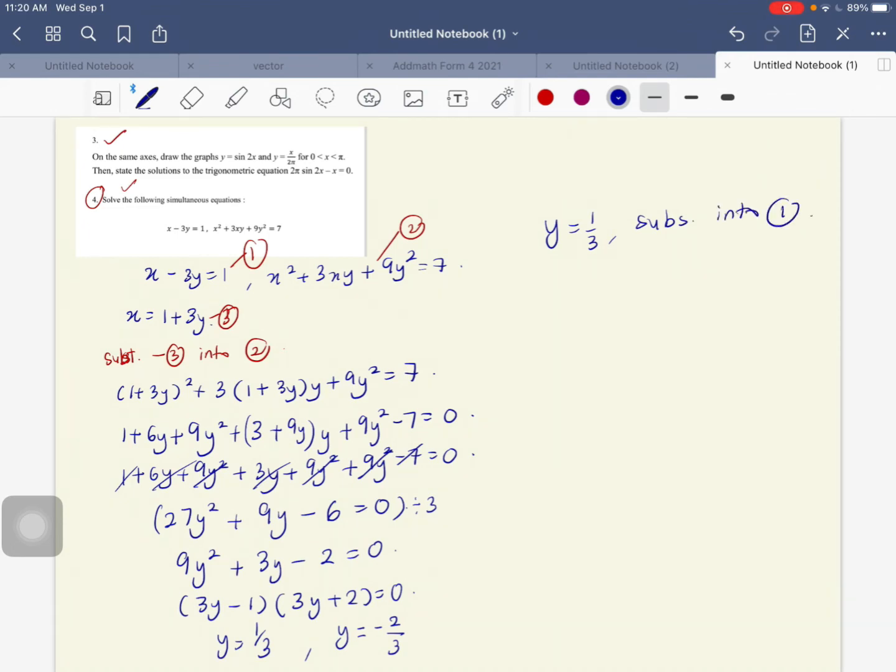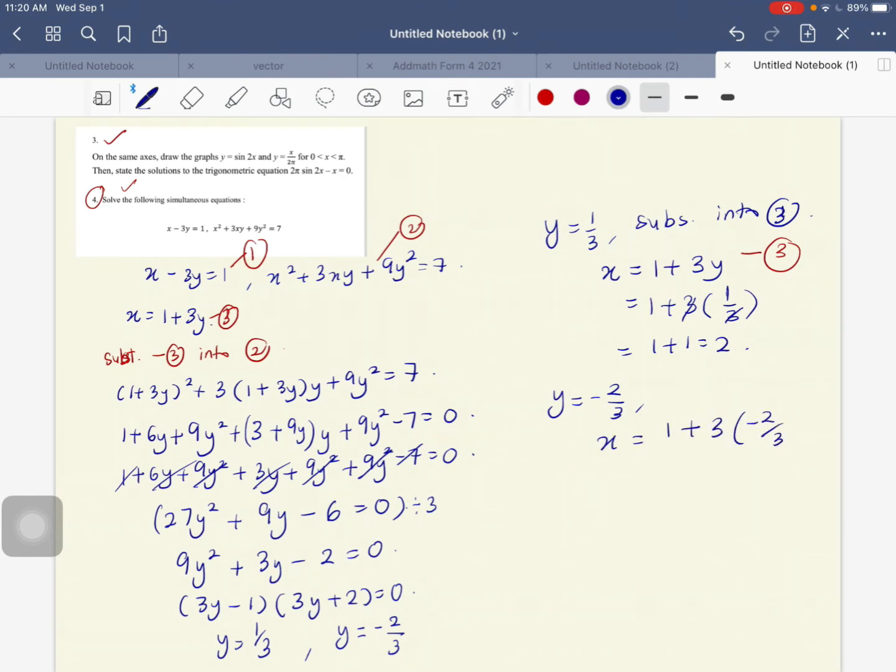For y equals 1 over 3, I substitute into equation 3, x equals 1 plus 3y, and I get x equals 2. For y equals negative 2 over 3, I substitute into x equals 1 plus 3 times negative 2 over 3, so I get 1 minus 2, which is negative 1.